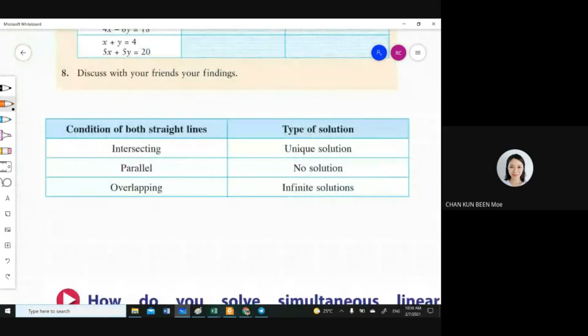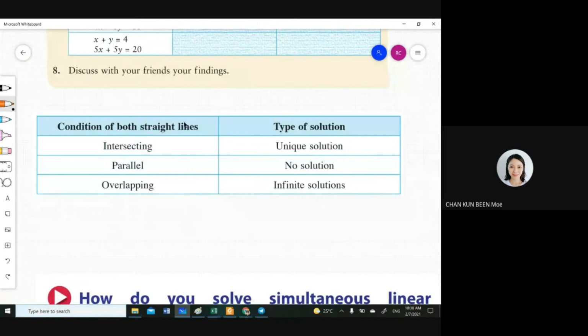Okay, the condition of both straight lines. When both straight lines are intersecting, like the first one that we did, they intersect at one point. So we call the type of solution a unique solution. When you have two parallel lines like this, there's no solution. Tak ada penyelesaian. When they overlap on the same line, only one line and another one also overlaps on it, it is an infinite solution.